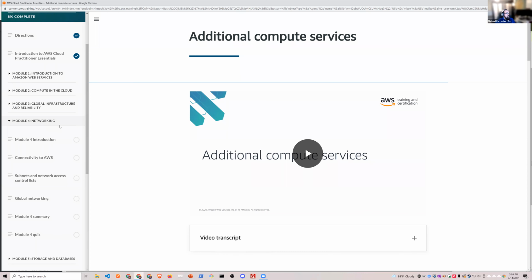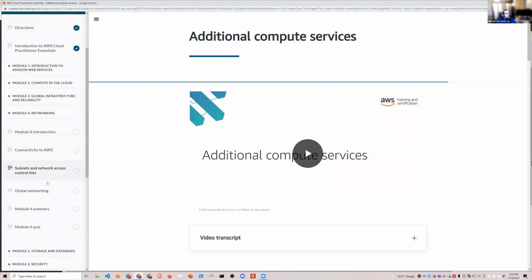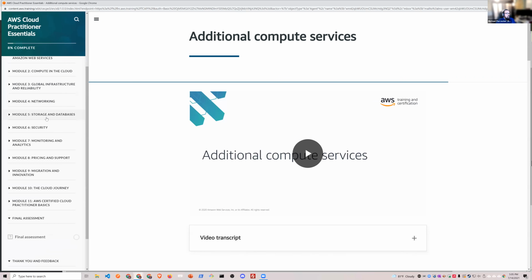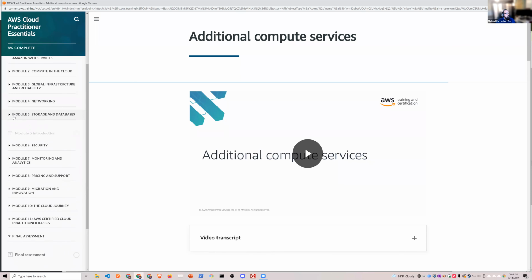We just might not be managing them. It also talks a little bit about global networking and how to connect to AWS. And then there's a section on storage, which is basically data, either data applications like databases or hard drives and network storage.